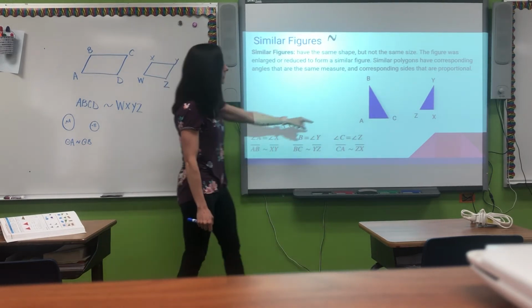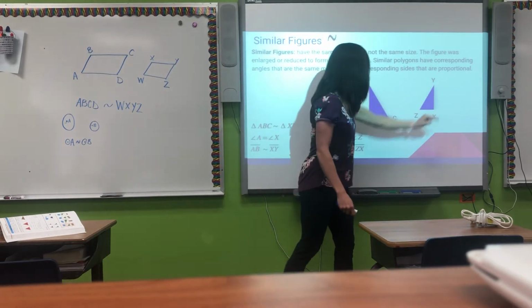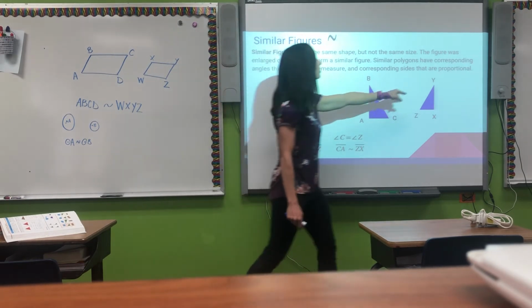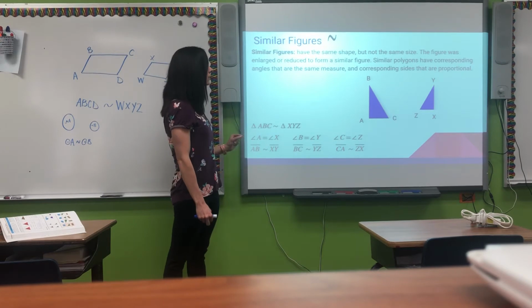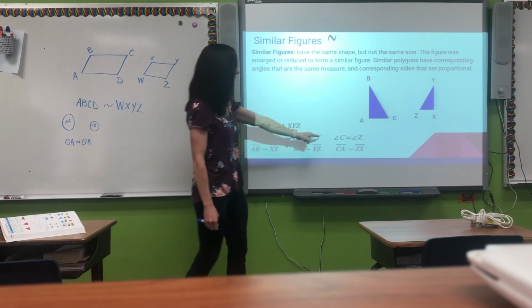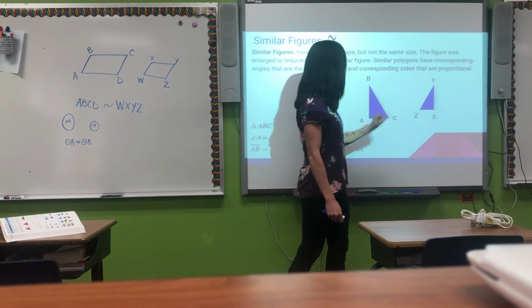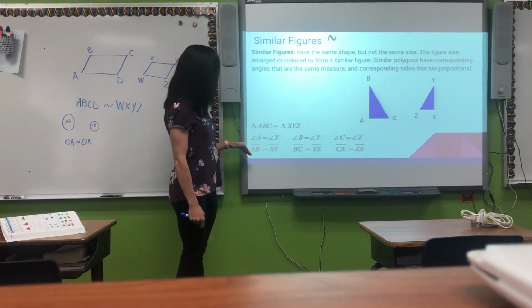Okay, so angle X is equal to angle A. So A and X. Angle B is equal to angle Y. Remember, your angles, when it's similar, they're still the same. Angle C is equal to angle Z. And then these are our corresponding sides.